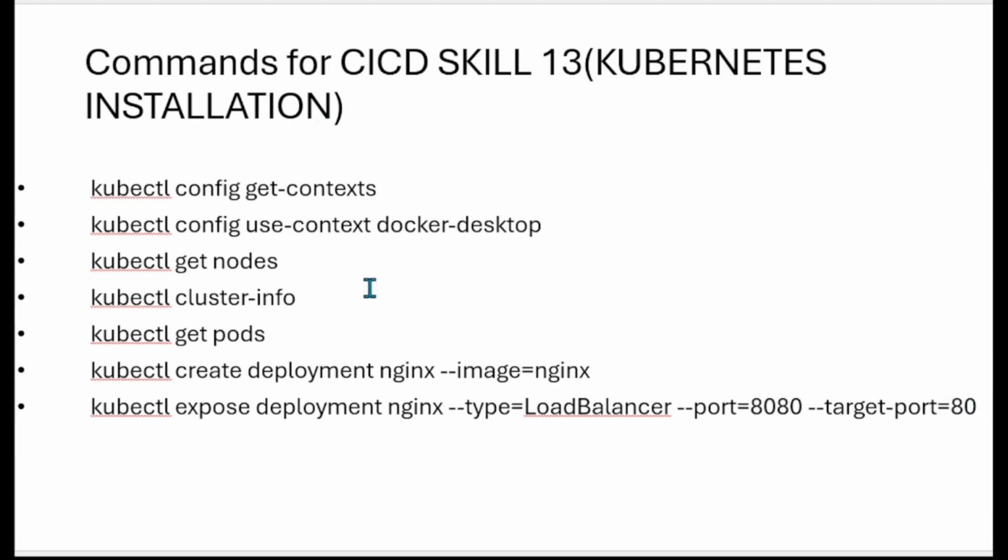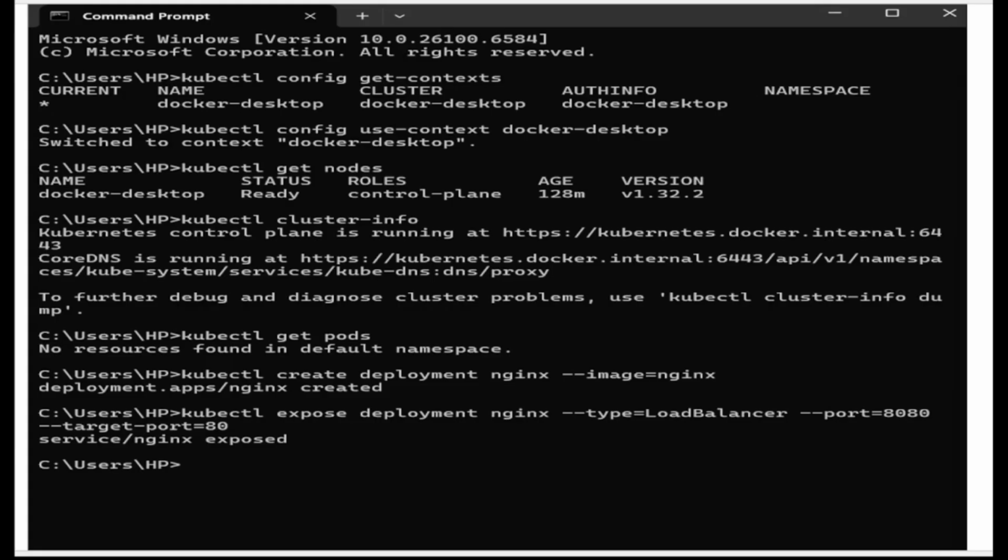So one after the other, if you run these commands, this is the kind of output you may get. You can see my cursor carefully. kubectl config get-contexts gives the present clusters we have. Then use-context docker-desktop means we are switching to this particular context.